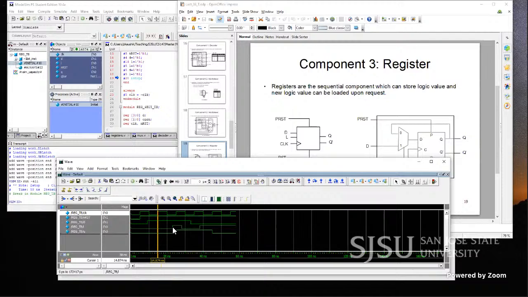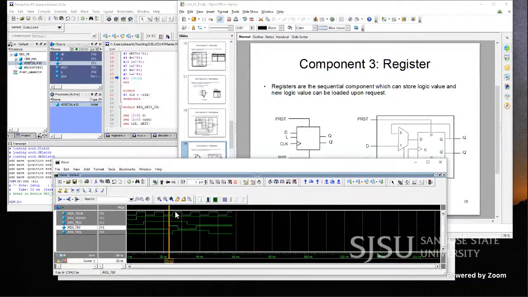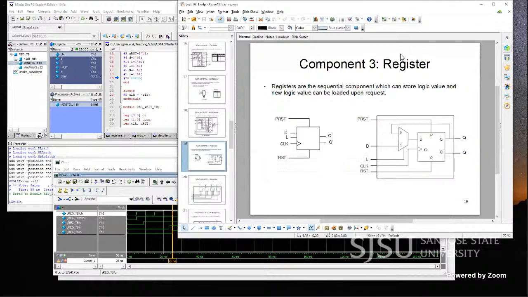Then at some point here, we made that load signal up, which means we want to load it. And now you see at the very next positive edge of the clock, Q follows the D. So that is the functionality of the register.